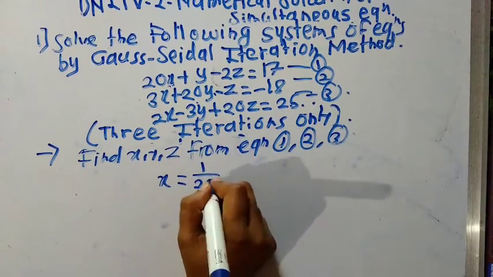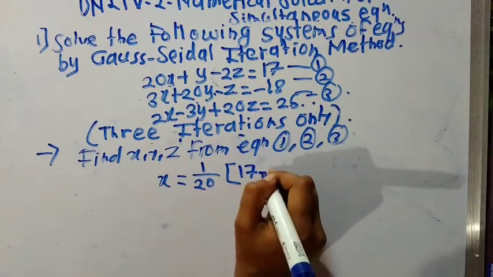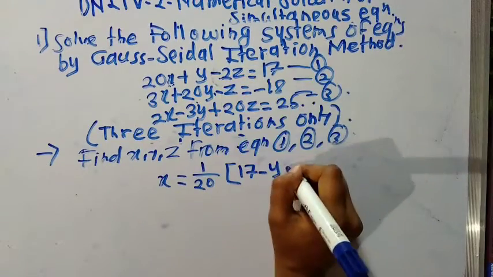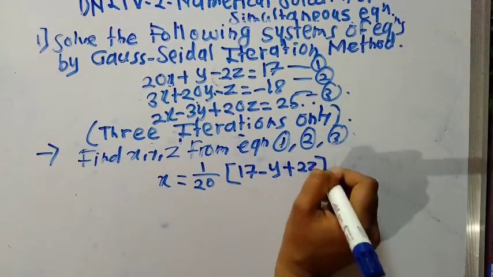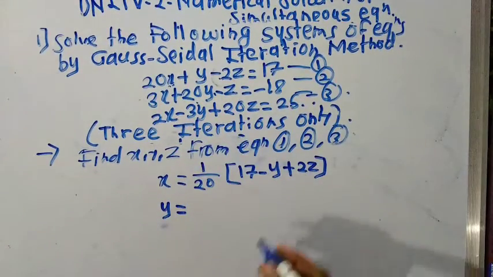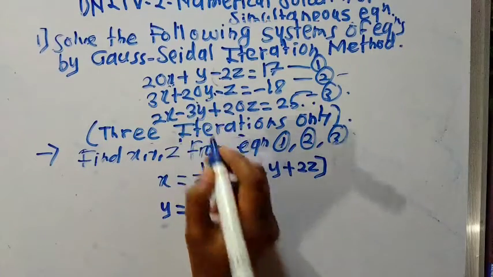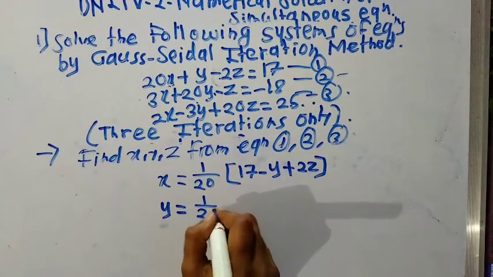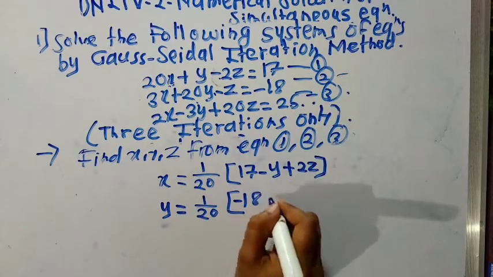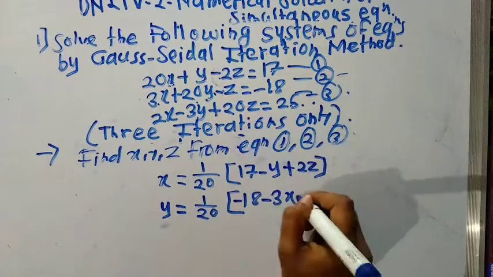So x is equal to 1 divided by 20 into 17 minus y plus 2z, and y is equal to, in the second equation, the coefficient of y is 20. So 1 divided by 20 into minus 18 minus 3x plus z.